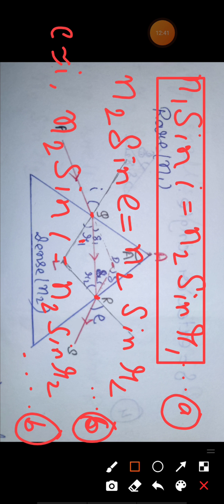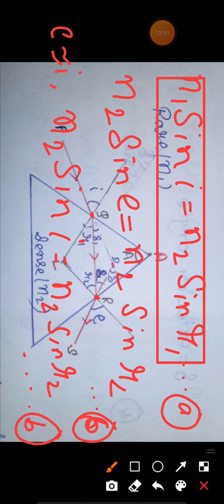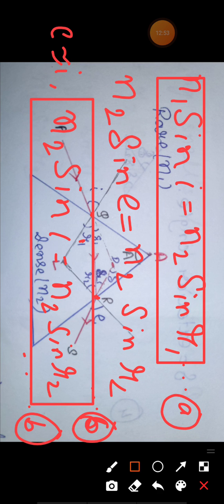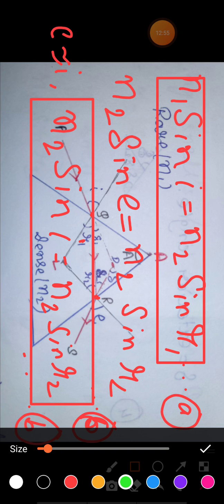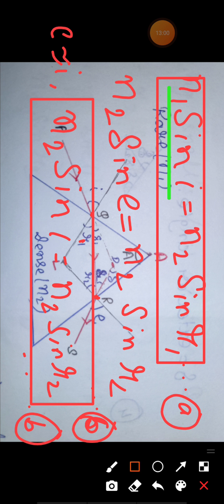Correct. Now we will compare these two equations. Just look at these two equations. The left side of these two equations is the same: here you have n1 sine i1, and here you have n1 sine i.